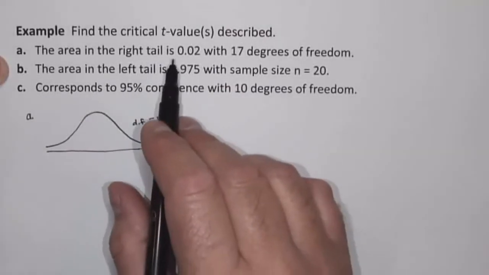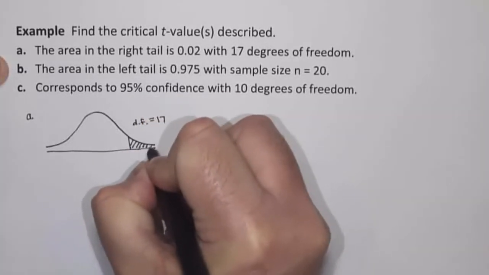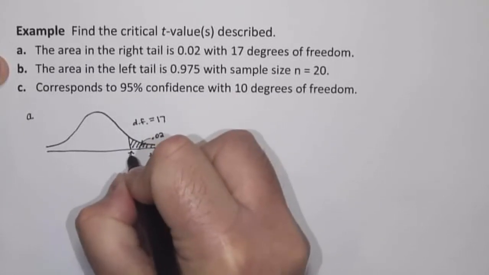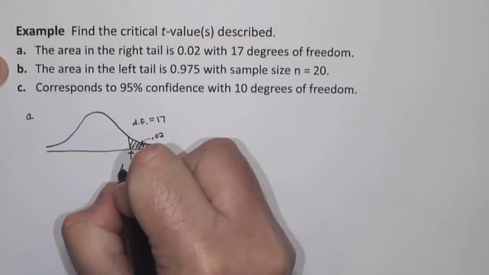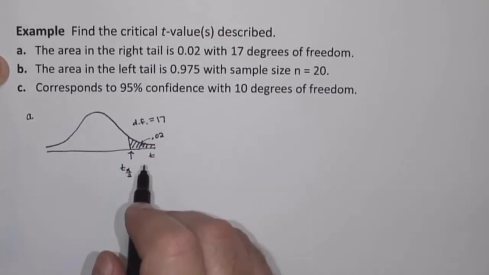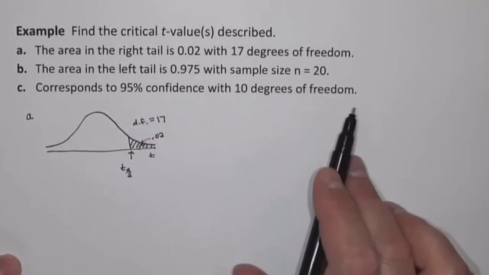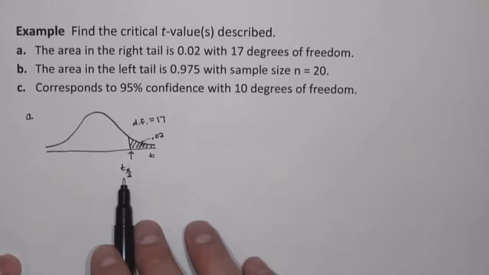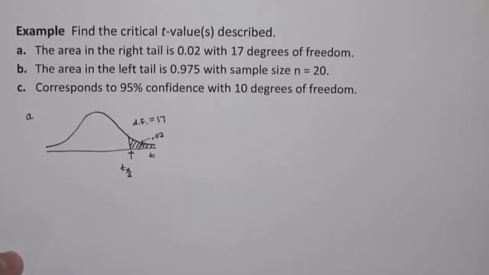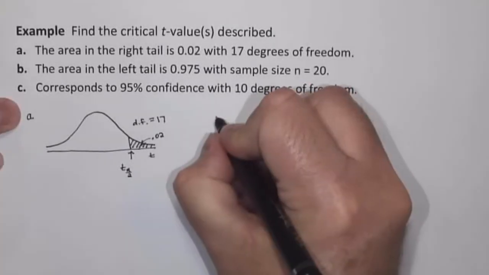And we know that the area in the right tail is 0.02. So this area right here is 0.02, and we want to find this critical value right here, which will be our t sub alpha over 2 that we would then use for our confidence interval. Now, in this case, we're not actually finding the confidence interval, but we're learning how to find this critical value so that we can calculate the confidence interval. We'll come back and find that value in just a minute.